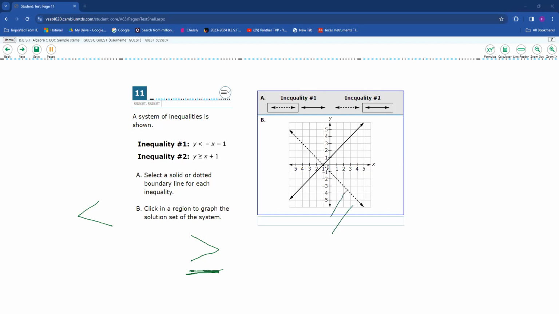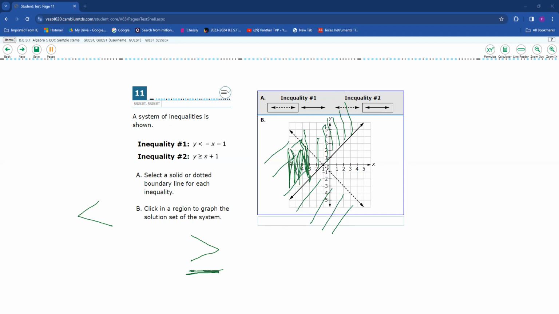The area of the solid line is greater than, so it is on top of the line. So if we go up, we're going to go this way. So the solution is where both regions overlap. It's only this region right here that is under the dotted line and above the solid line. That's only here.